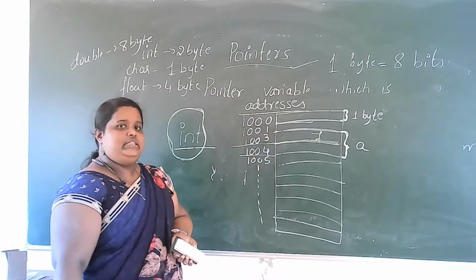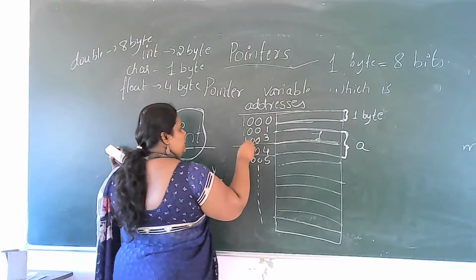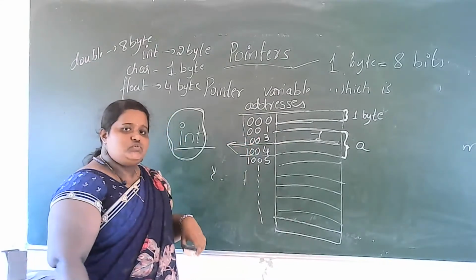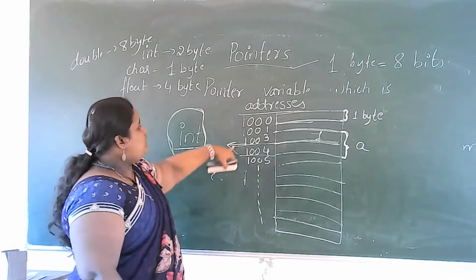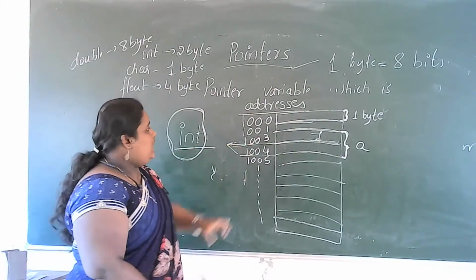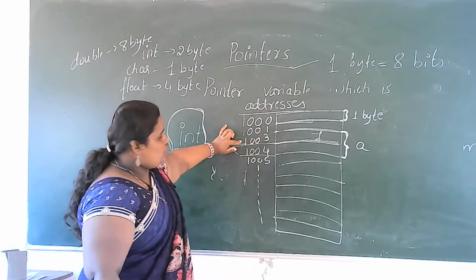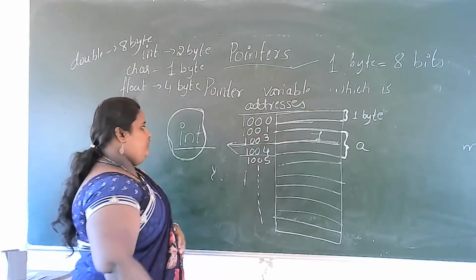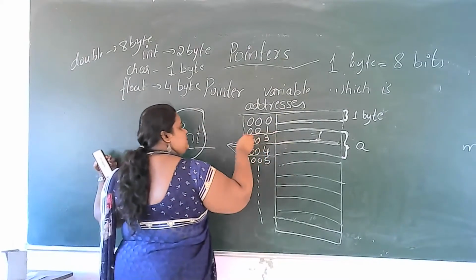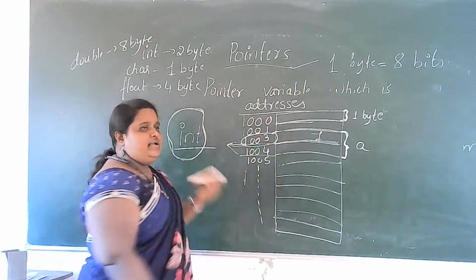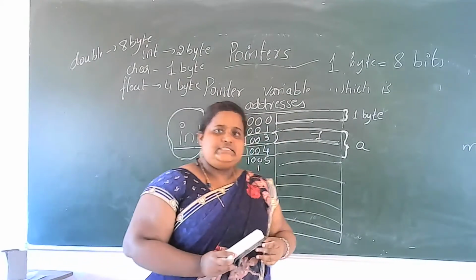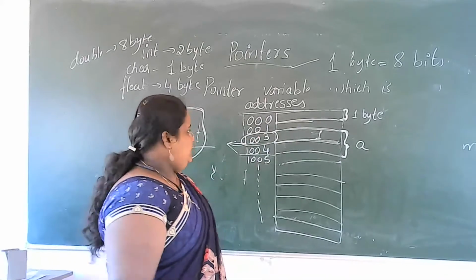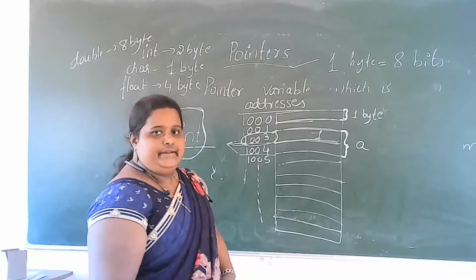But usually we tell only the first address. We say that the variable a is stored in the 1003 address.